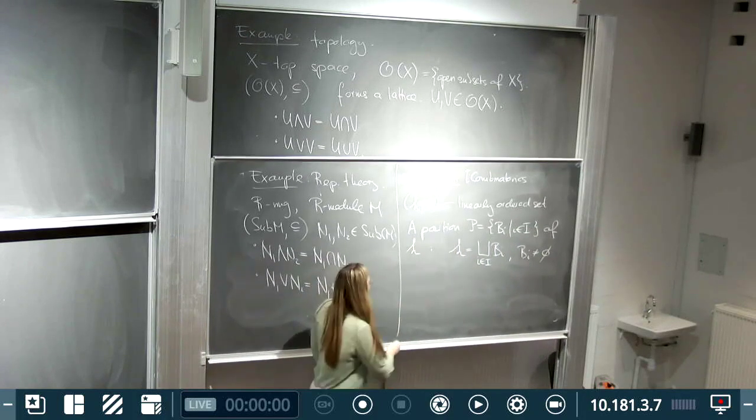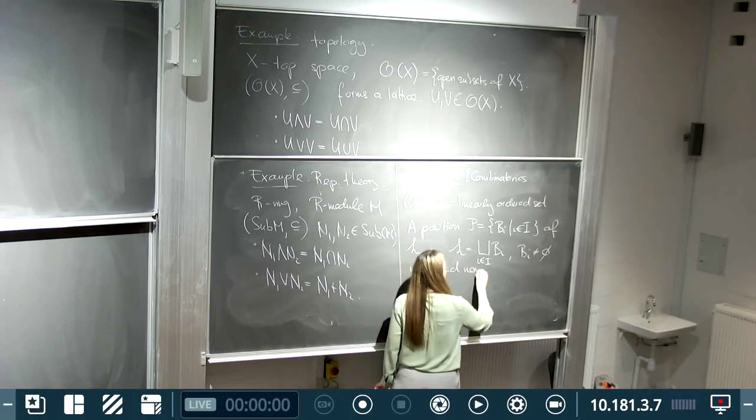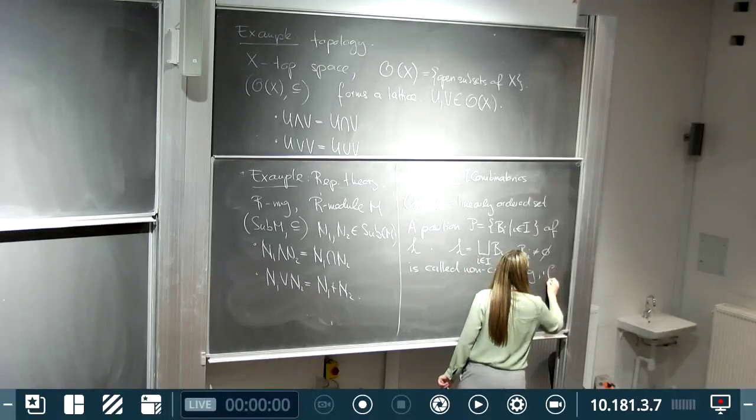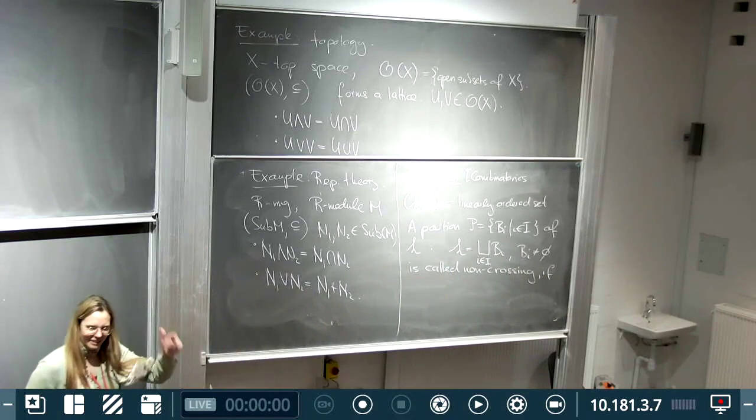Such a partition is called non-crossing if the blocks do not cross. So what does that mean? We're going to use the linear order here.